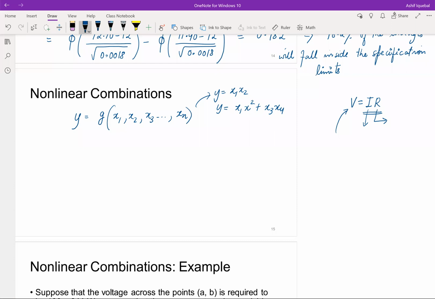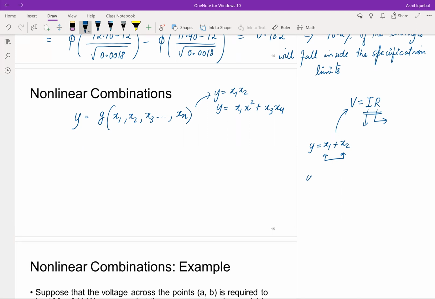For instance, if I give you y equals x1 plus x2, if both x1 and x2 follow a normal distribution, then you can find out what the distribution of y will be. It will be just a normal distribution with the mean equal to the sum of the individual means, and similarly we can sum up the variances, right?